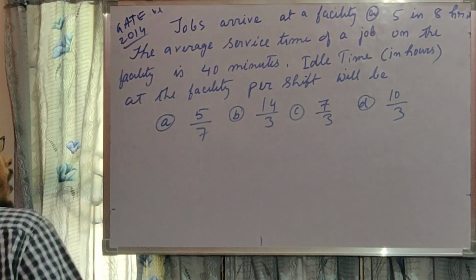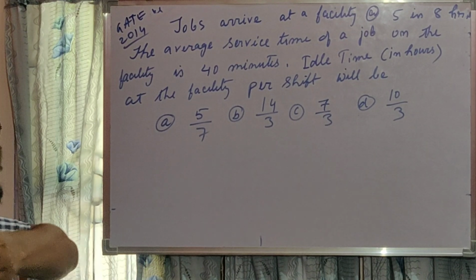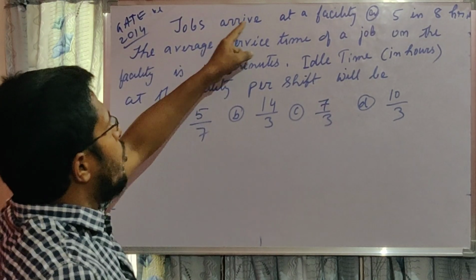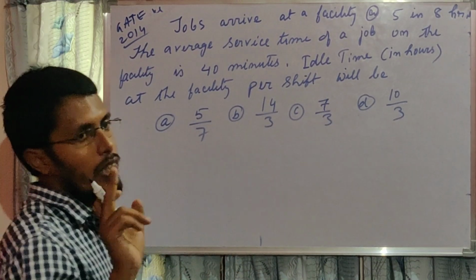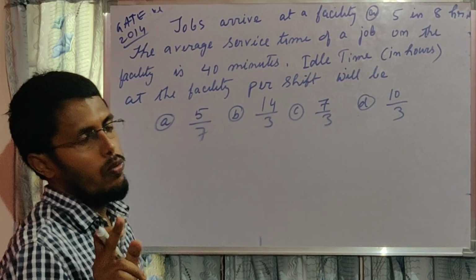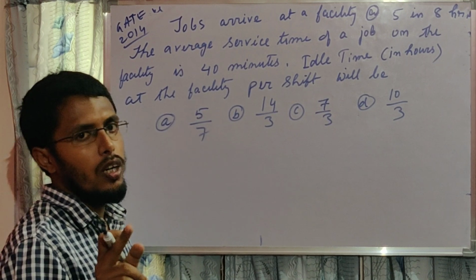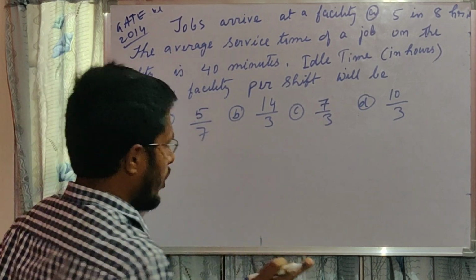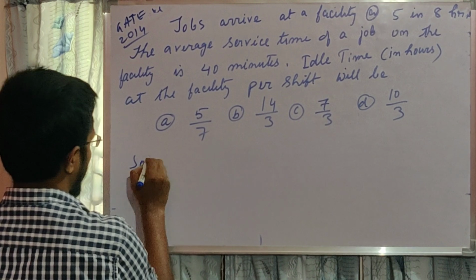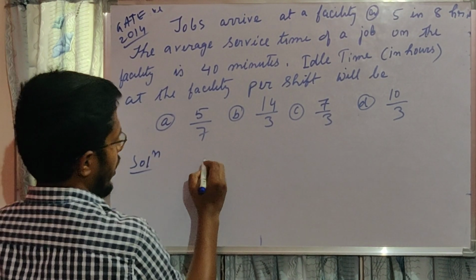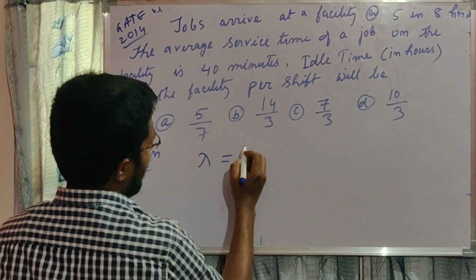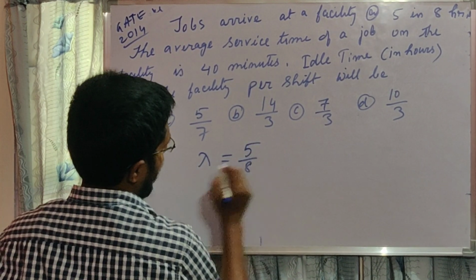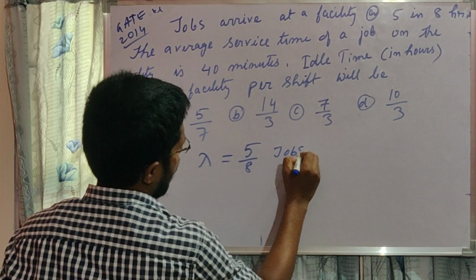Okay, let's solve this one. So what has been told? Jobs arrive at the facility at 5 in 8 hours. So in 1 hour we will have 5 upon 8 jobs per hour.